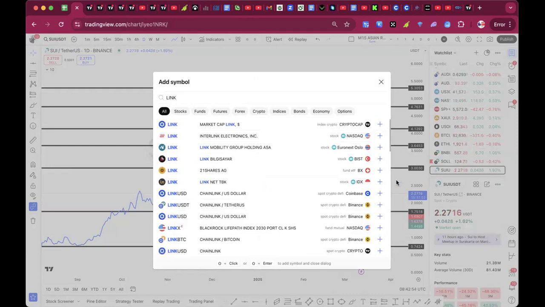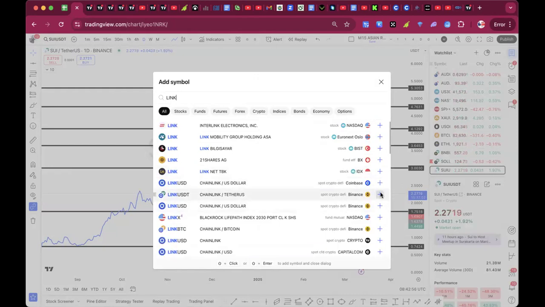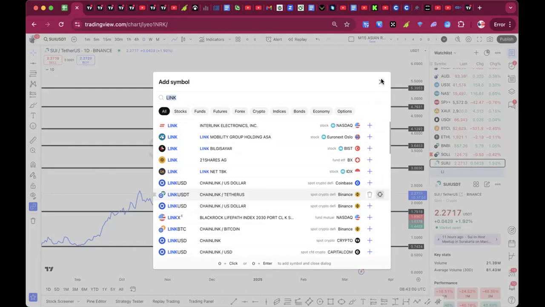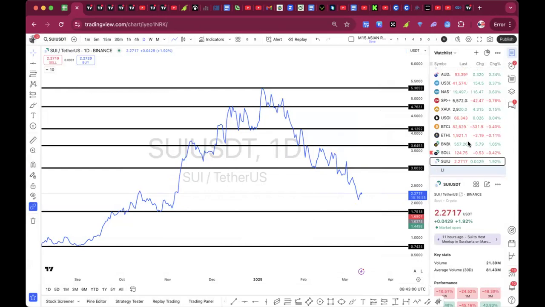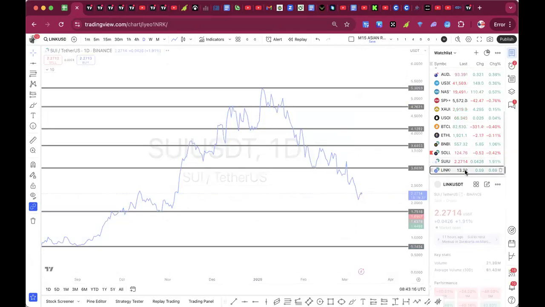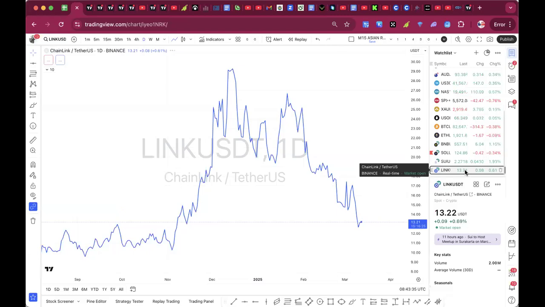So I'm adding link, which is on Binance, because I need an exchange that will give enough volume so that my judgment will not be wrong. Good. So let's go to link. If you check our link, we entered long, we should be in profit. Organized traders set up entry, exit, and other parameters. That's what makes you an organized trader.